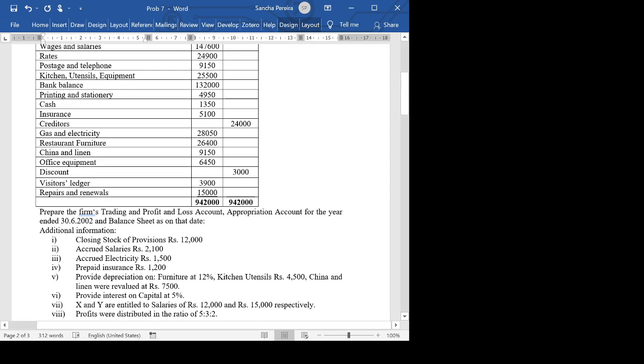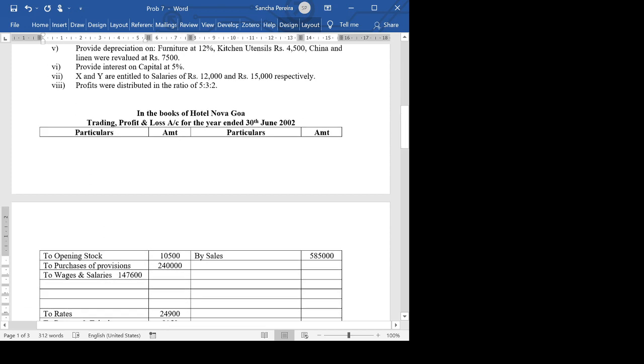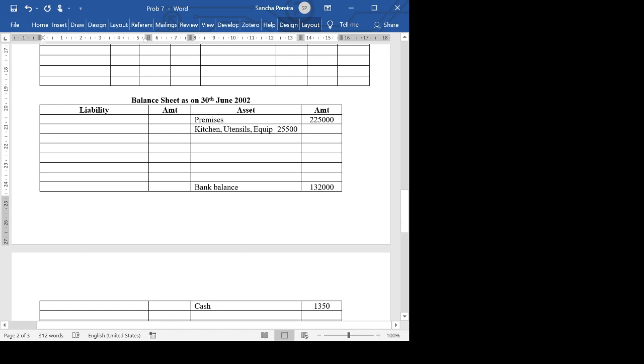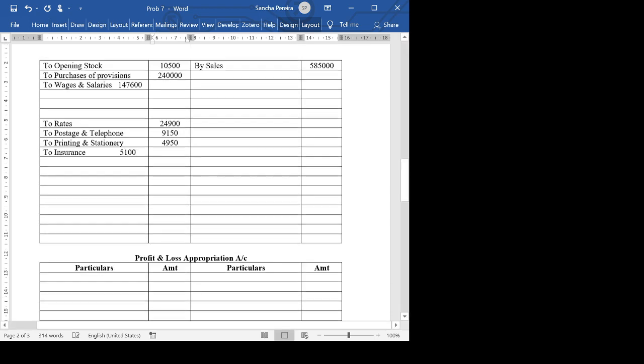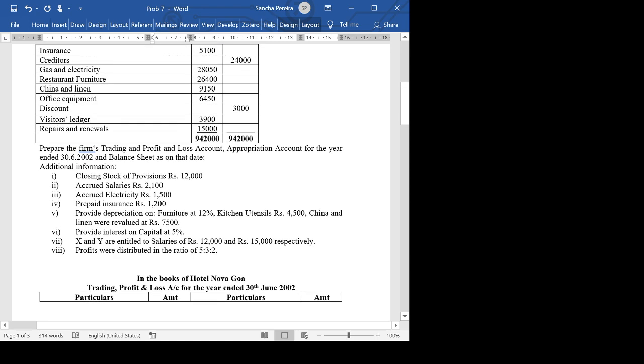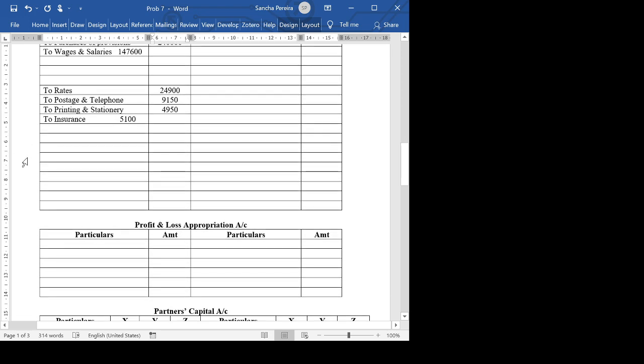Then there is creditors, 24,000. Now we'll leave a line for the capitals. Creditors, 24,000. Gas and electricity, 28,050.